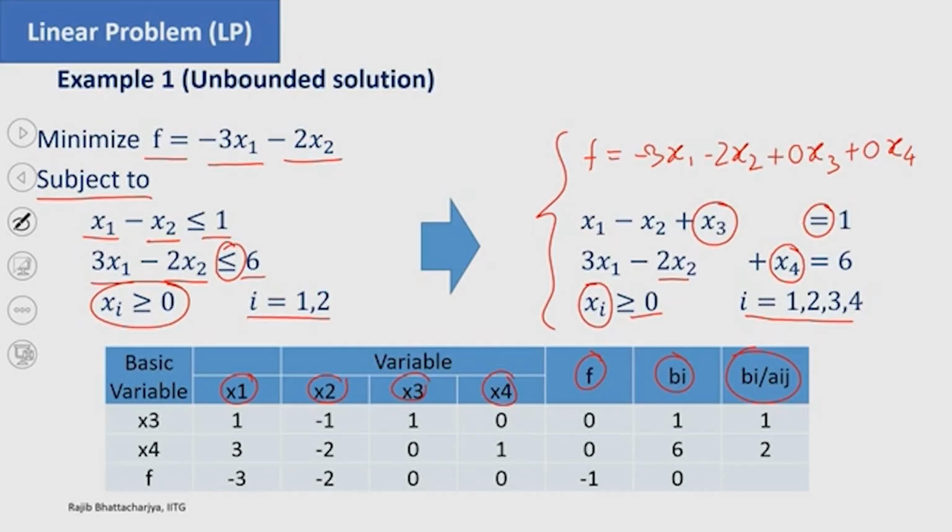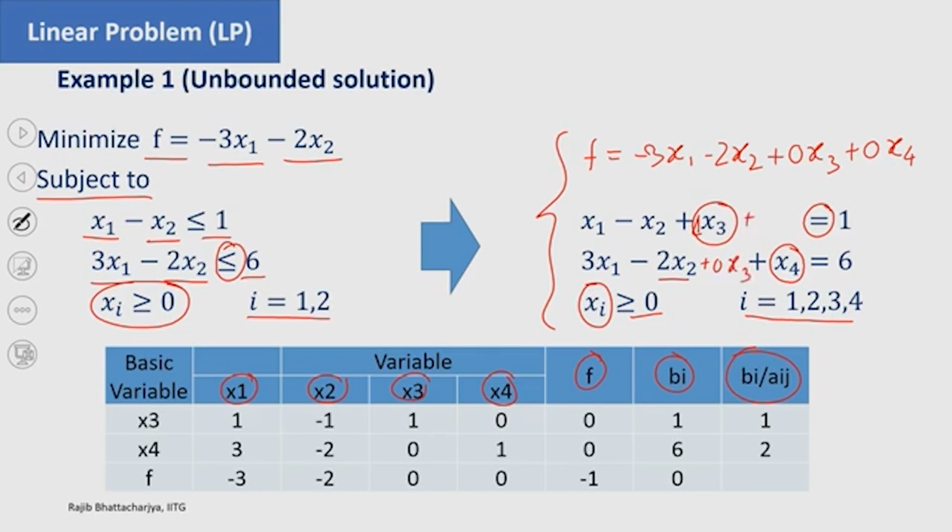Now, when we converted this problem to standard form, I added the slack variables x3 and x4. If you look at this problem, you can see that the coefficient of x3 is 1 in the first equation, and for the second equation it is 0.